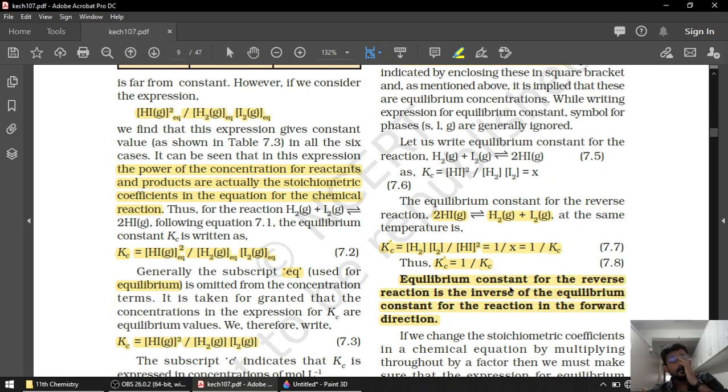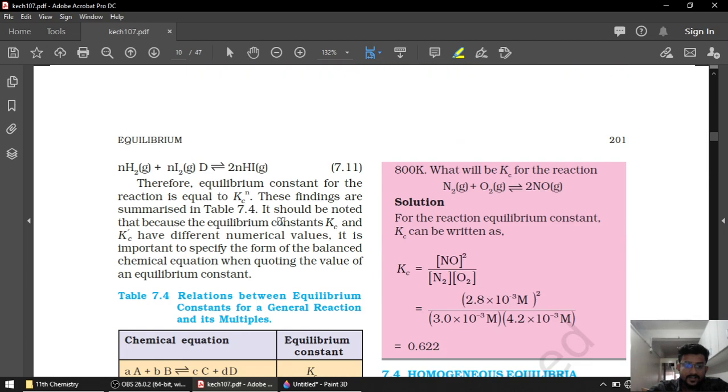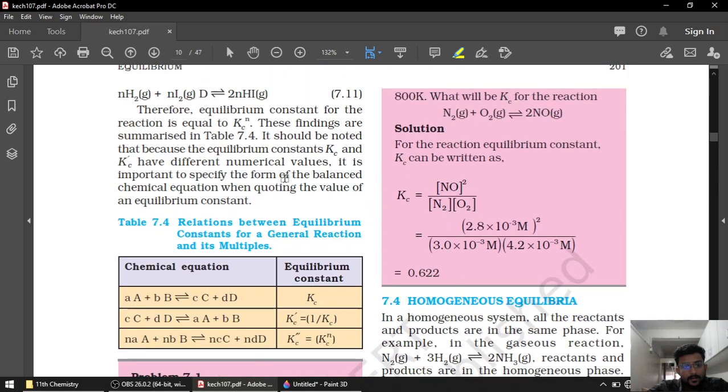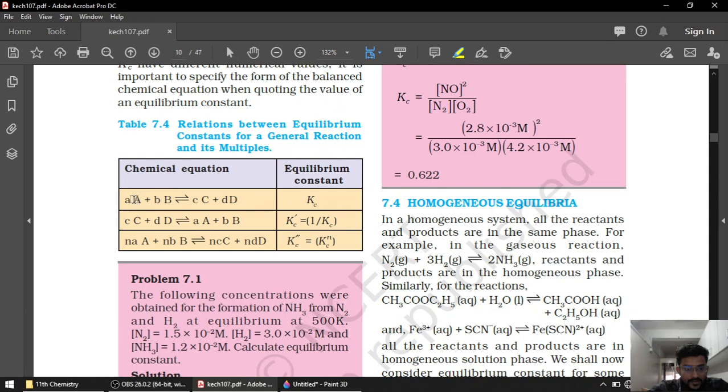For your original reaction, Kc is Kc. If you reverse the reaction, Kc will be the reciprocal, and if you multiply it by n, Kc will be raised to the power n.